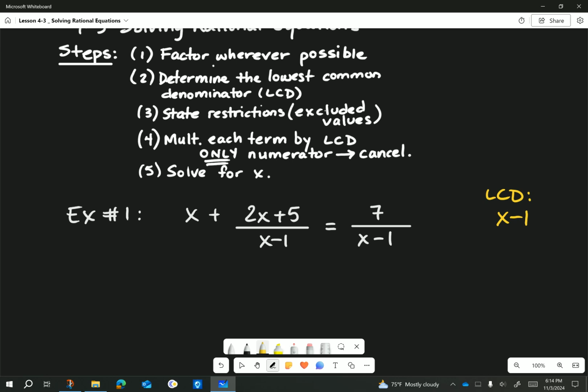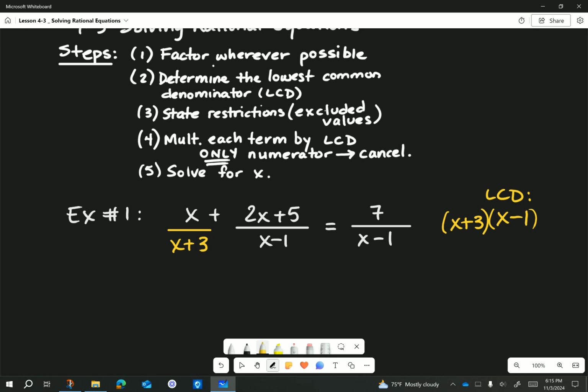For instance, if I had this first x, this is me making up a completely different problem, and let's say it was x over x plus 3. The LCD then in this problem would be, whether you put the x plus 3 in the front or the back, it does not matter, x plus 3 times x minus 1 would be the LCD of this problem that I'm making up here, okay?